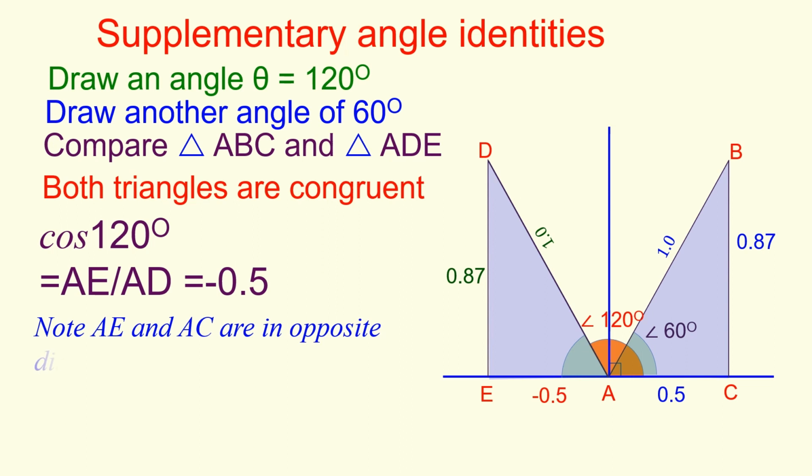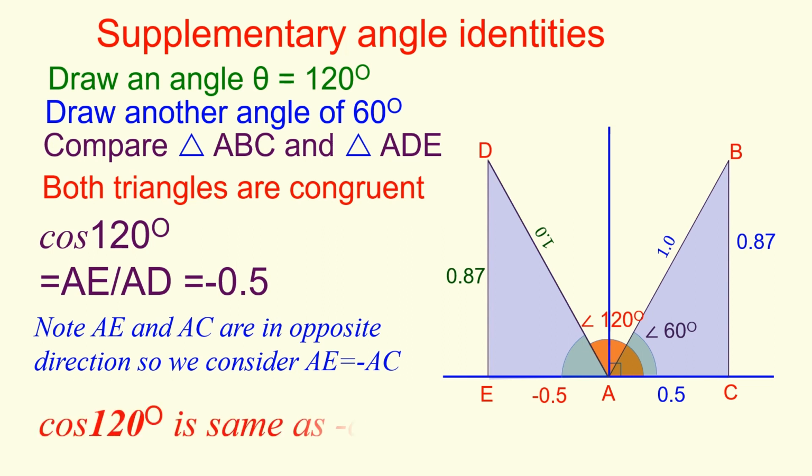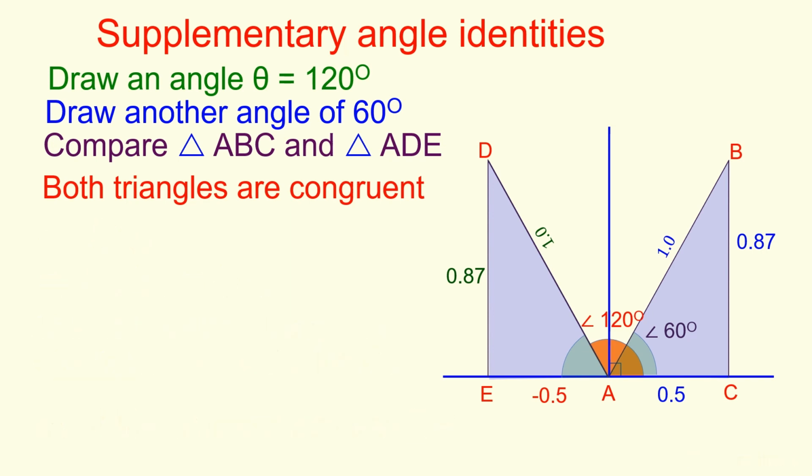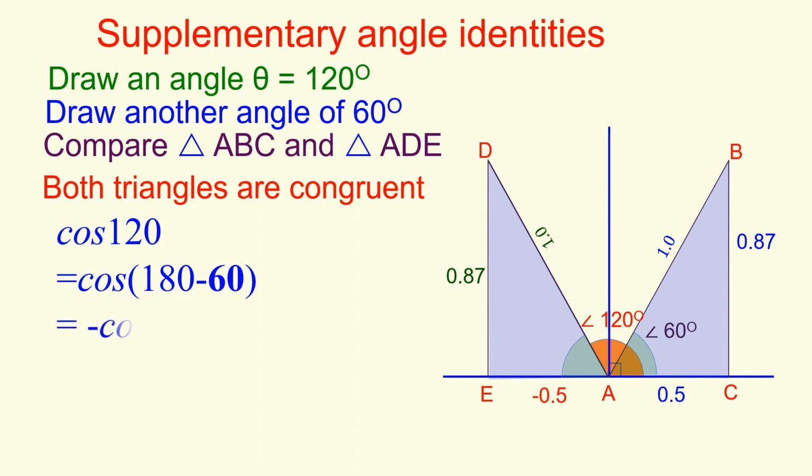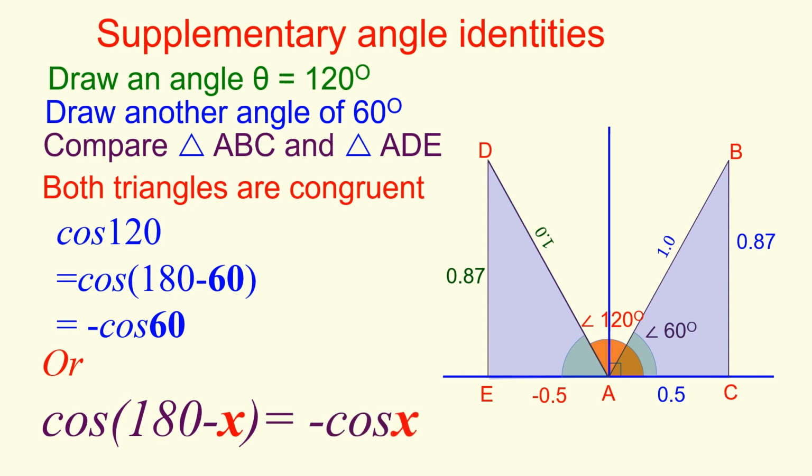Cos 120 equals AE by AD equals minus 0.5, which is minus cosine of 60 degrees. Cos 120 equals cos 180 minus 60 equals minus cos 60, which implies cosine of 180 minus x equals minus cosine of x.